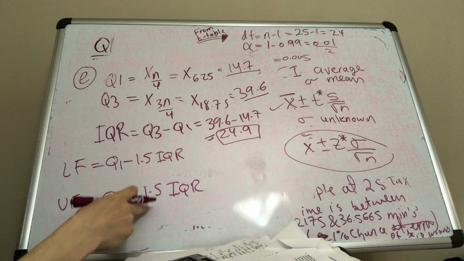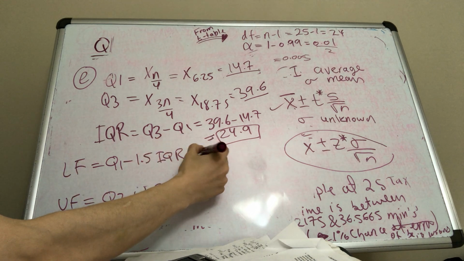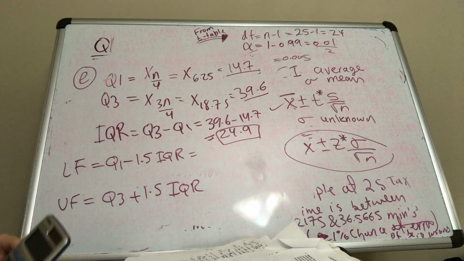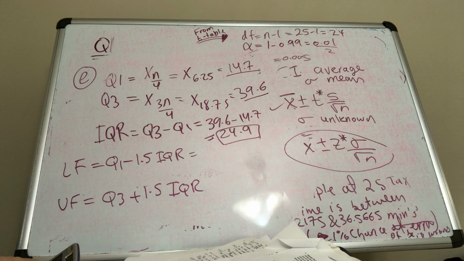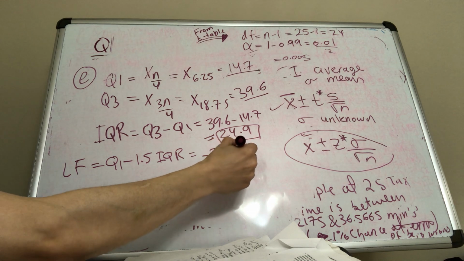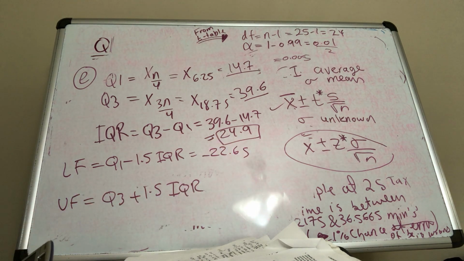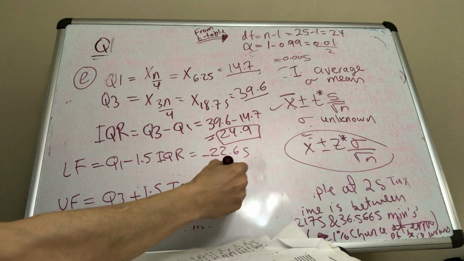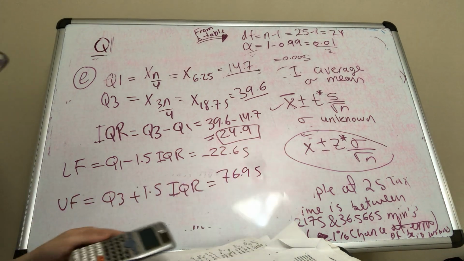Here we must be less, here we must be more. So Q1 is 14.7 minus 1.5 of 24.9. Your lower fence in this case is minus 22.65. Your upper fence is 39.6 plus 1.5 of 24.9. Your upper fence is 76.95.